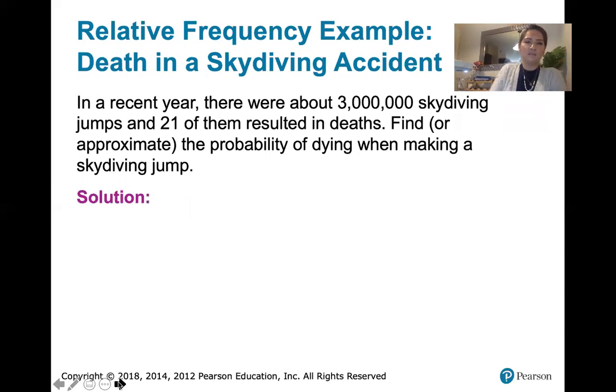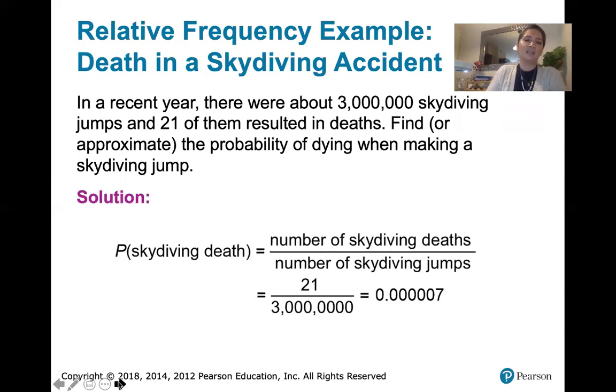Well, we can approximate that probability using this formula. Now, this is what I was talking about before. Rather than saying A is equal to death during a skydiving accident, sometimes it's denoted this way. The probability of a skydiving death is this.